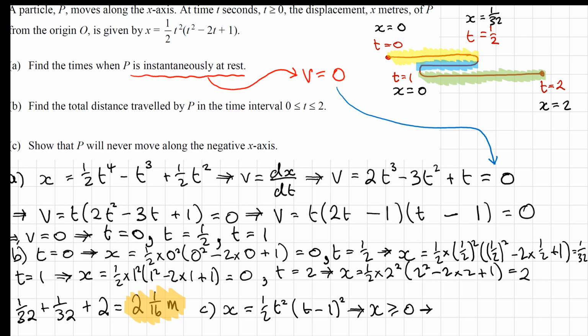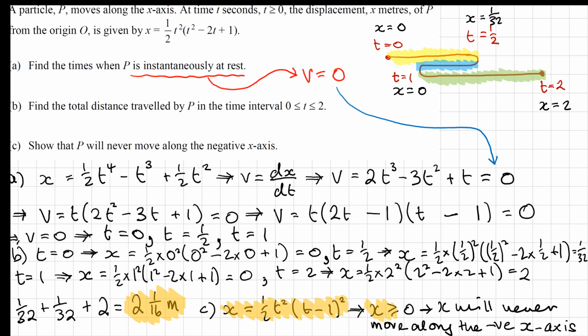Therefore x will never move along the negative x-axis. So that's because of this statement here leading to this statement. And while I'm at it, I might as well highlight my previous answers from part A.